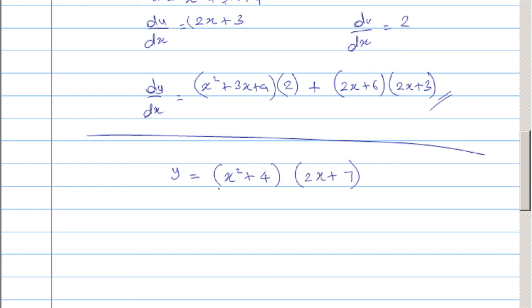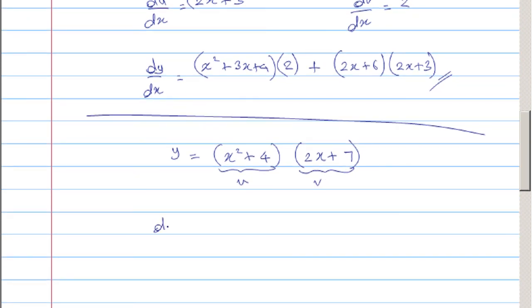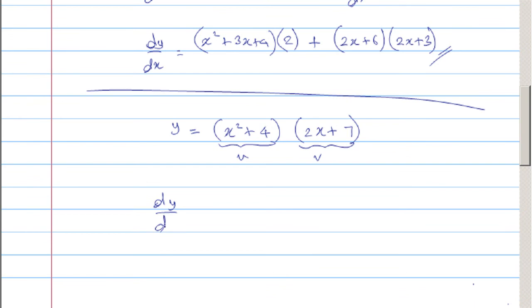So the first thing is to mark out your u and v. So let's say that's my u and that's my v. So dy over dx, and it's probably a good idea to write down the formula every time that you use it. So the formula is dy over dx is equal to u dv over dx plus v times du over dx.